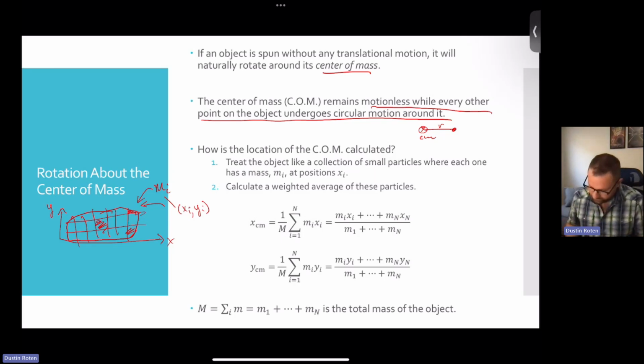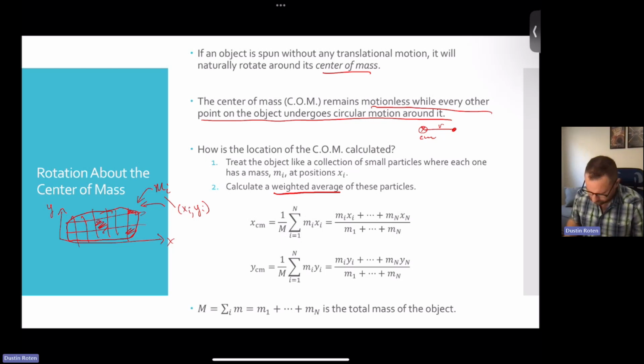So what we want to do is calculate a weighted average of all these little particles, all these little pieces of the mass. Essentially, a weighted average is much like a regular average, but we're going to assign a weight to each thing.